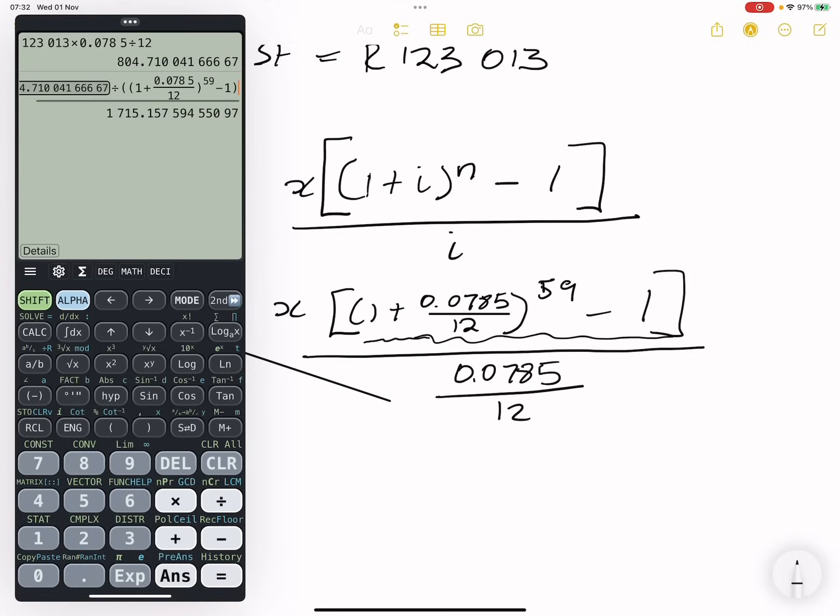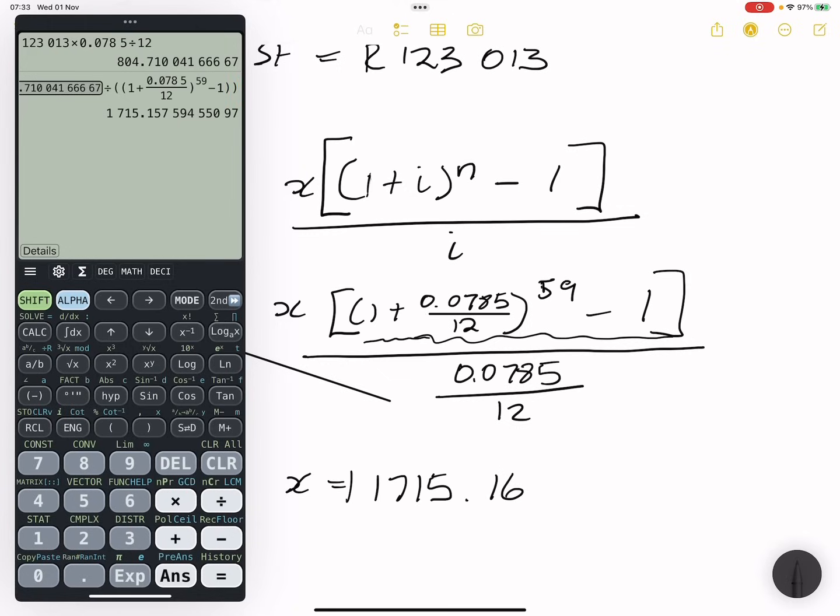I'm going to close that bracket, and I have to close the second one. I get an amount of 1,700, and so x would be 1,715 and 16 cents.